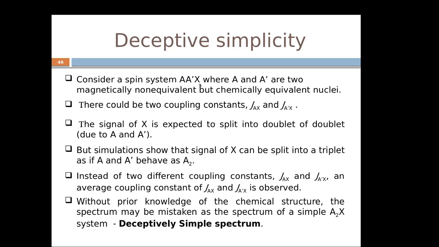So the system behaves like an A2X system rather than an A'X system. Okay, so we see a triplet pattern rather than a doublet of doublets spectral pattern. So we would very easily mistake the system for an A2X system rather than an A'X system. So we get deceived by the simple appearance of the NMR spectral peaks, and this phenomenon is called deceptive simplicity, and the spectrum that we get is a deceptively simple spectrum.